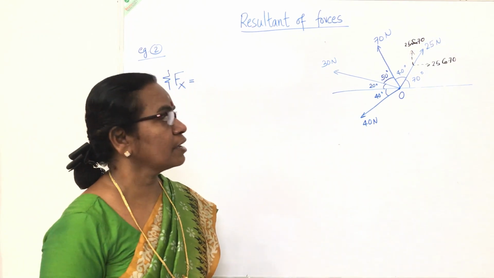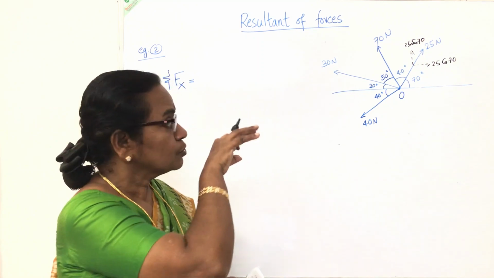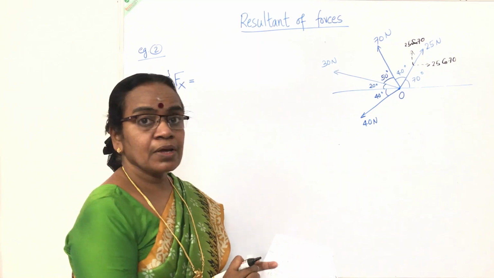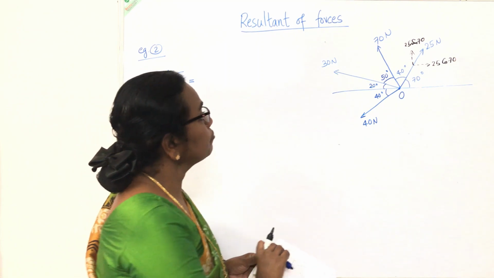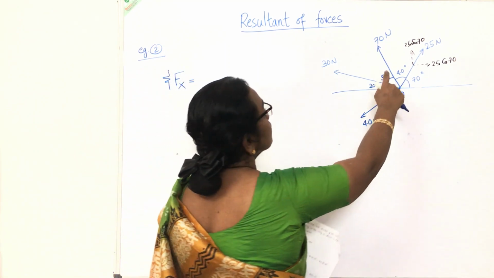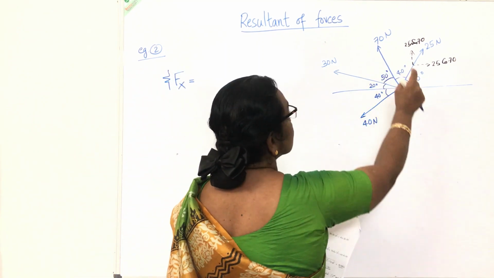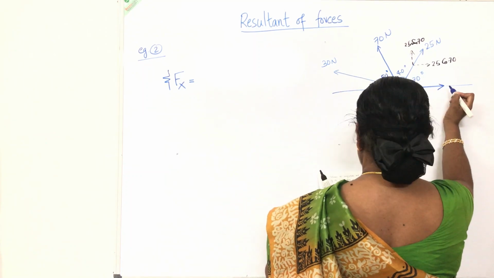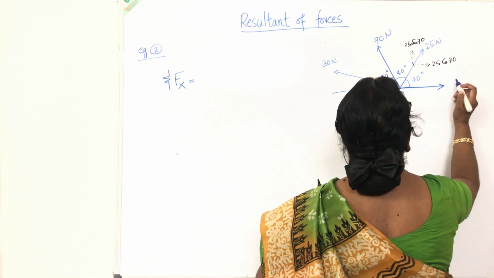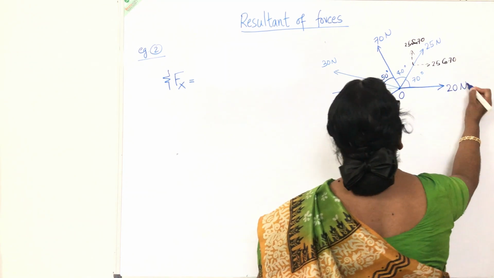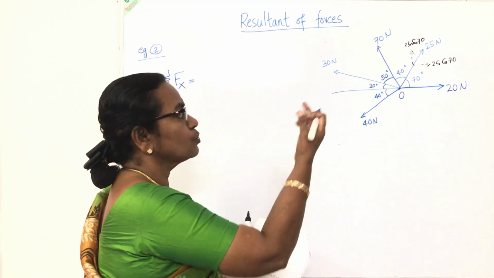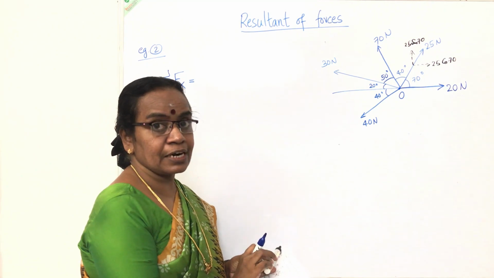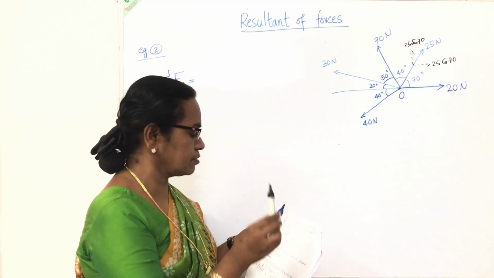I can easily mark that the force is acting outward from O, so both x and y components will be outward. The second force: there is one more force in this question. This is 20, that is horizontal, so there is no need to resolve it in the x and y directions.